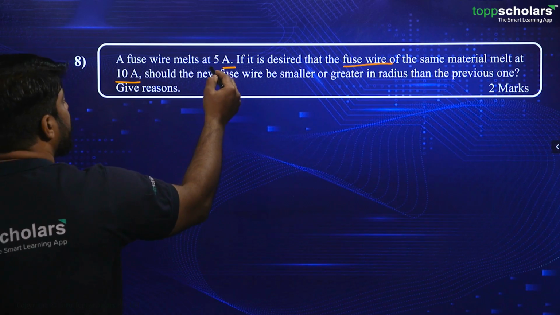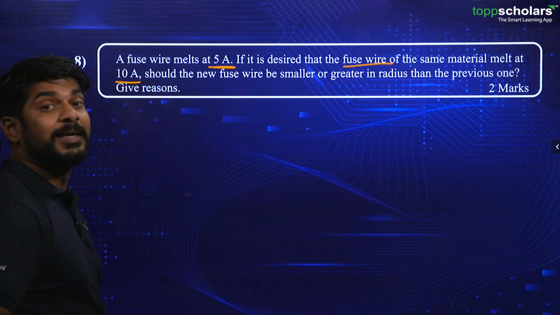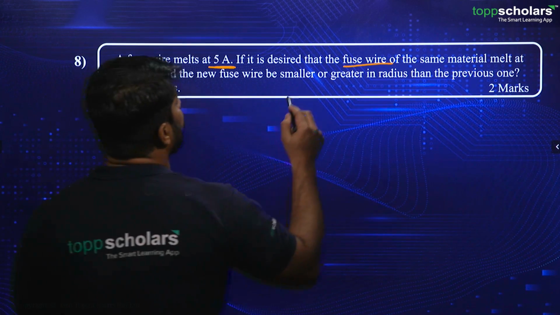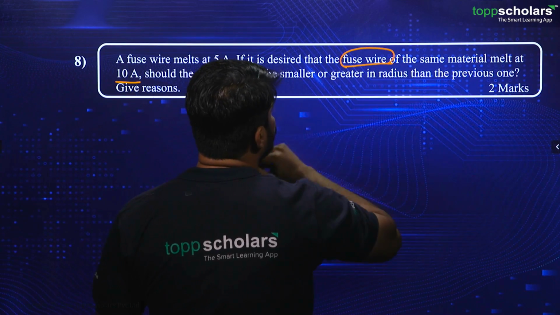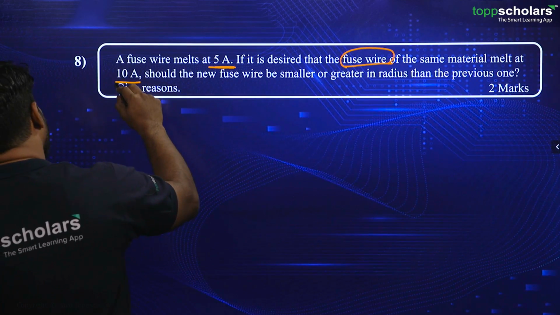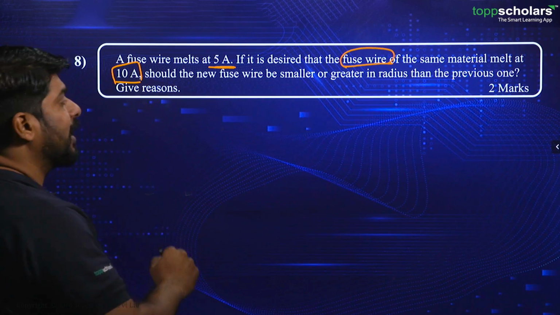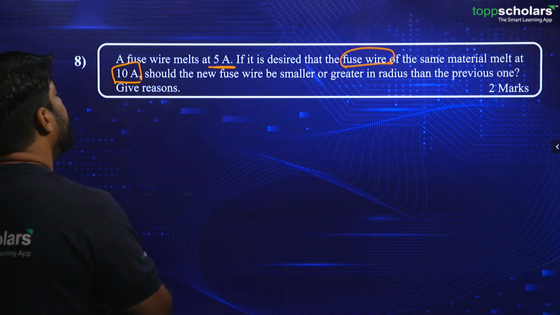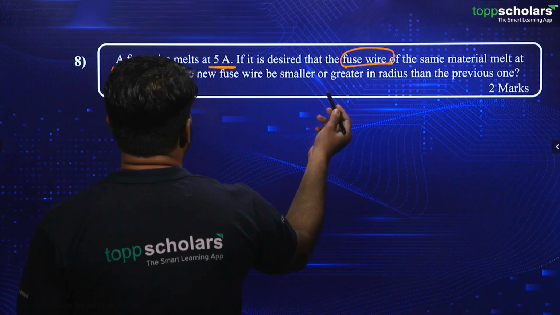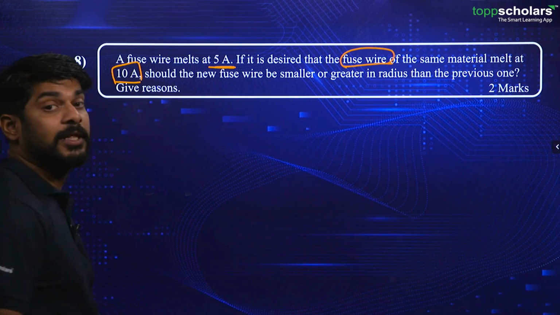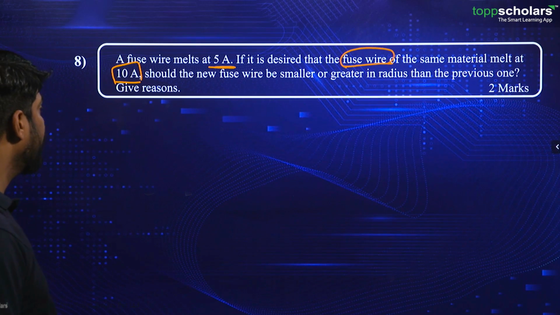The fuse wire initially melts at 5 ampere. Now we want another fuse wire which should withstand about 10 amperes of current and it should melt at 10 amperes. So should it be smaller or greater in radius than the previous one? That is what we have to find out.